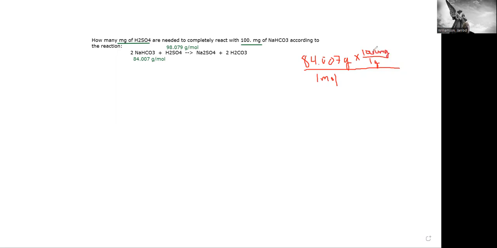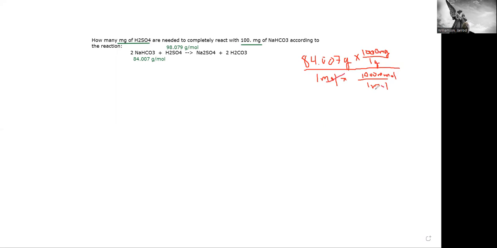We know that. Now, why would I want to do that? You'll see in just a moment. I also know that 1 mole is 1,000 millimoles. Why do I want to do that?